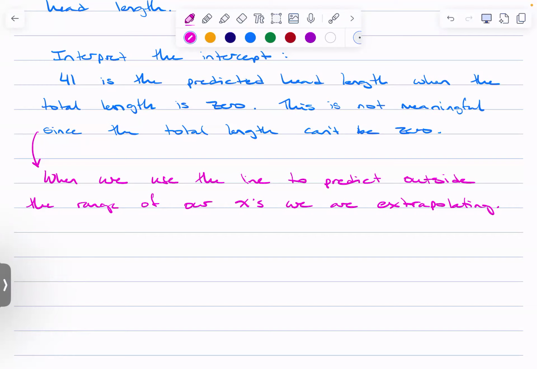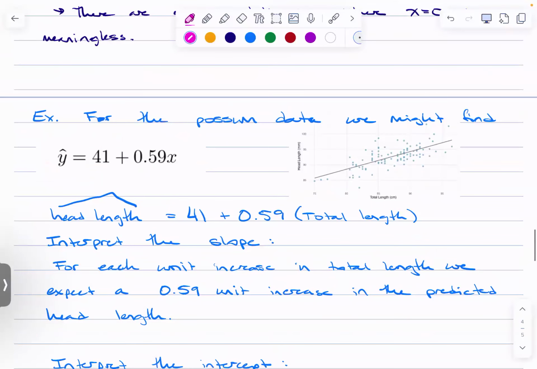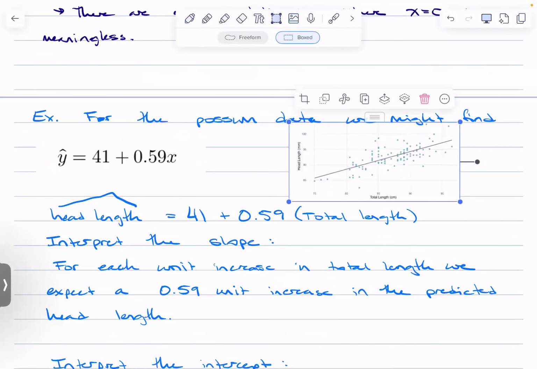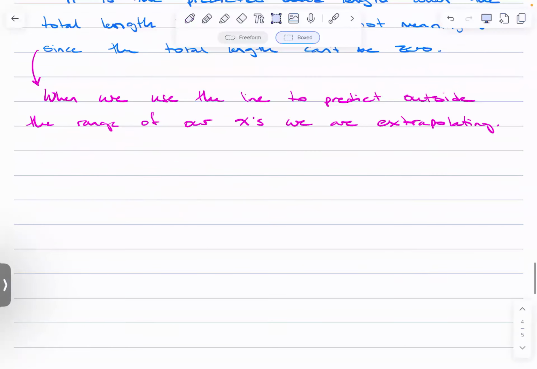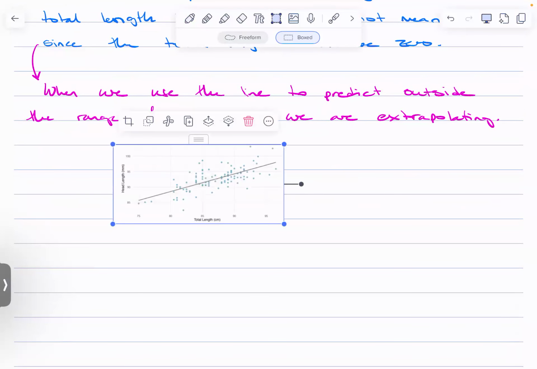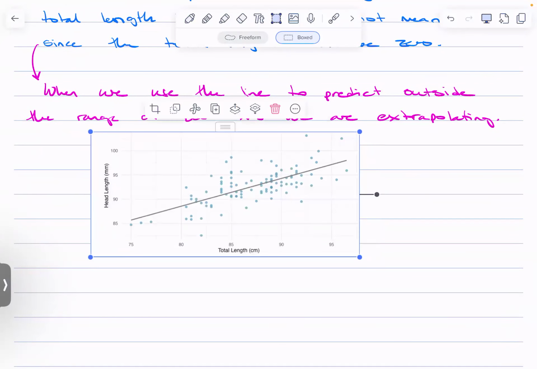And so one thing that you could do if you're kind of arguing with yourself, okay, can the total length be 0? That one's pretty obvious. Sometimes we don't have any understanding of our data and we're just kind of flying blind. So then what you want to do is look at your scatter plot that you built this line from.